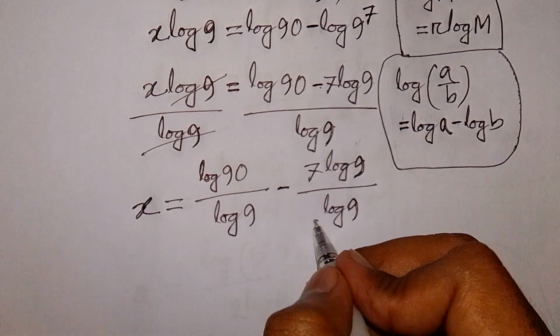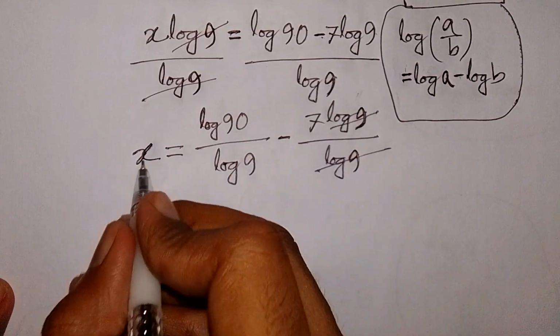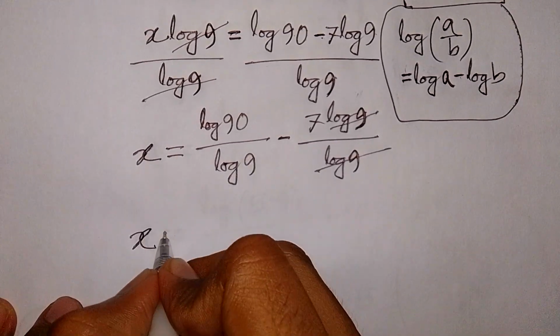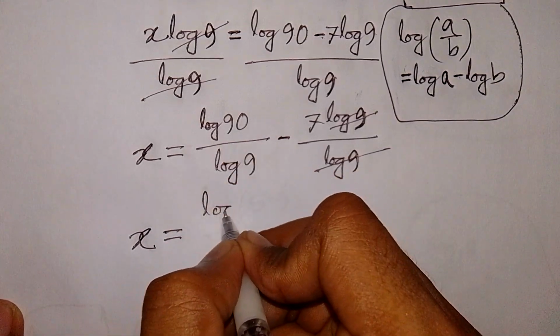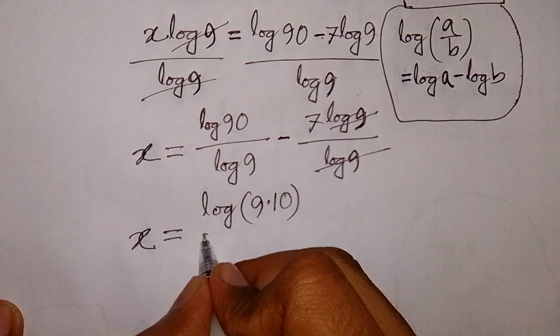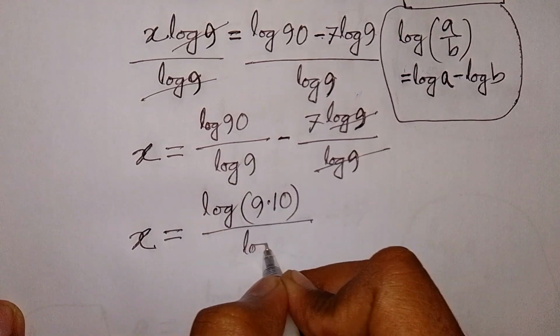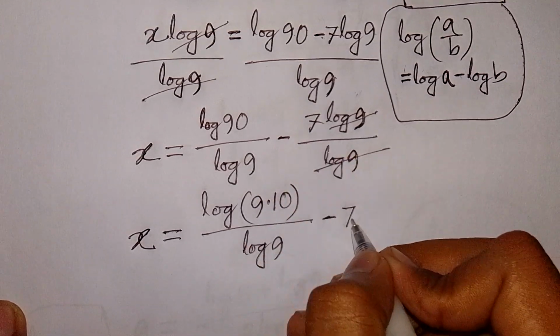Now we see this log 9 will be cancelled. So we have x is equal to log 90 can be written as log of 9 times 10 over log 9 minus 7.